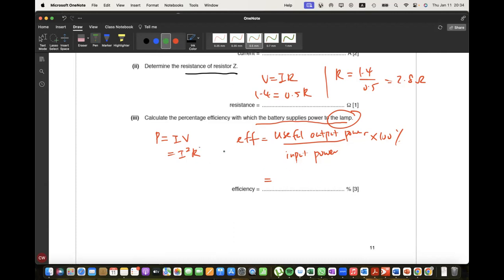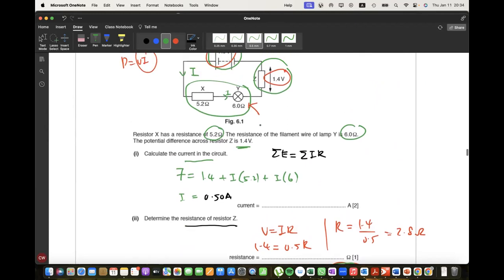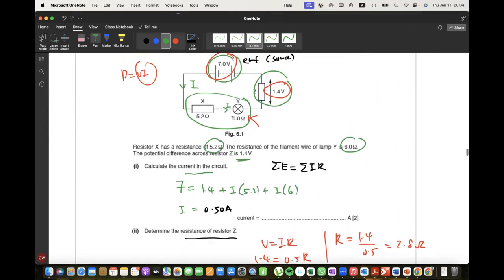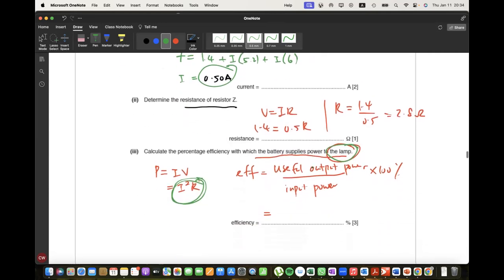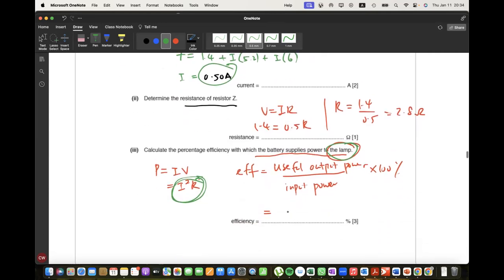Okay, input. This one is the useful one. You have to take the power of the lamp. So the current of the lamp we know is this number. Resistance 6, 2 SF.